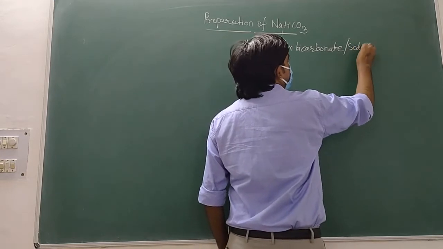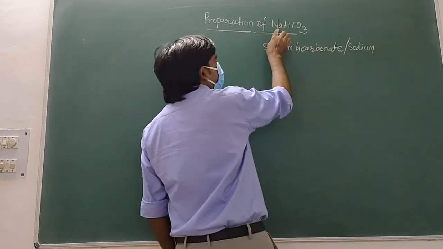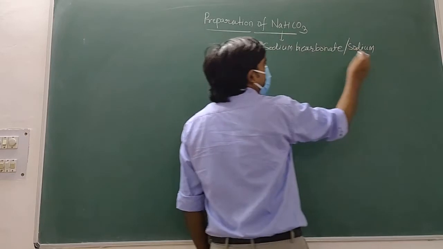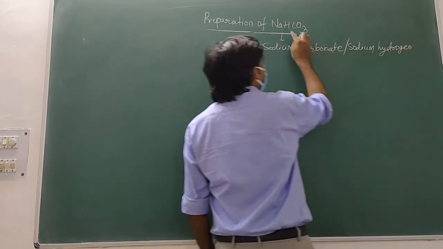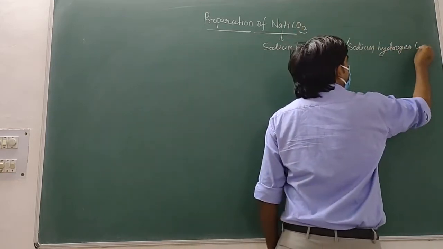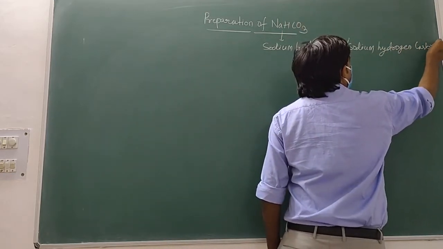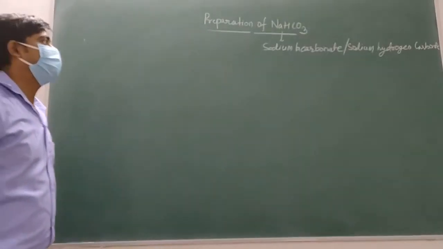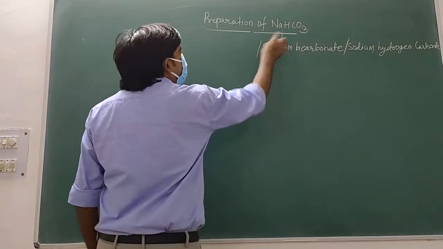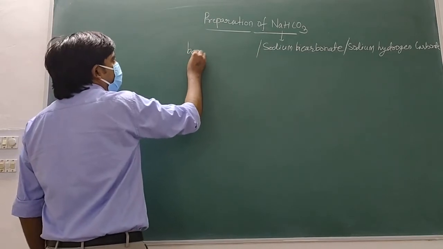Sodium because of Na, hydrogen because of H, and because of CO3, this is carbonate. This is sodium hydrogen carbonate. Another name of this compound is baking soda.